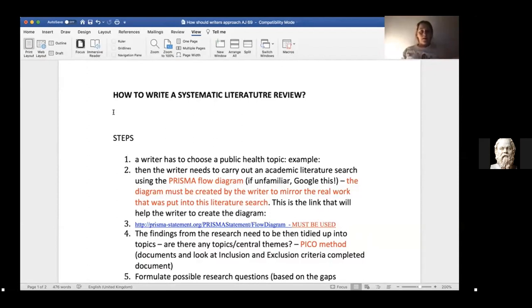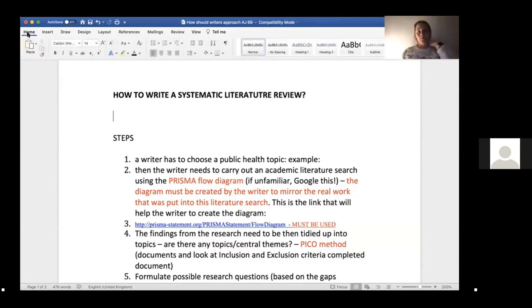So the first question that each writer needs to know, before they book or accept any assignment, is: do I need to produce a literature review or a systematic literature review?